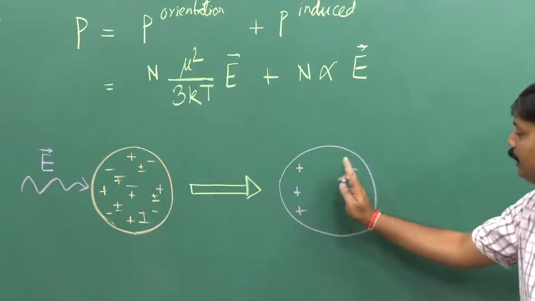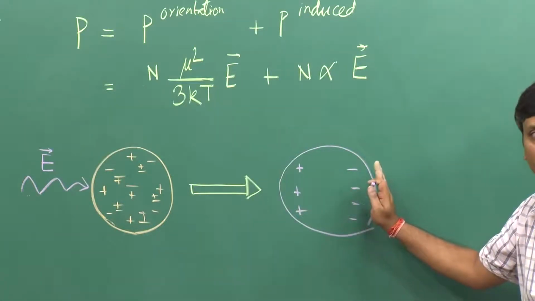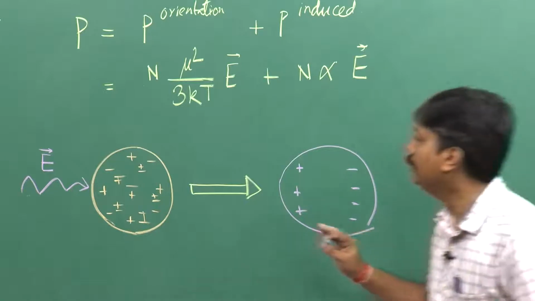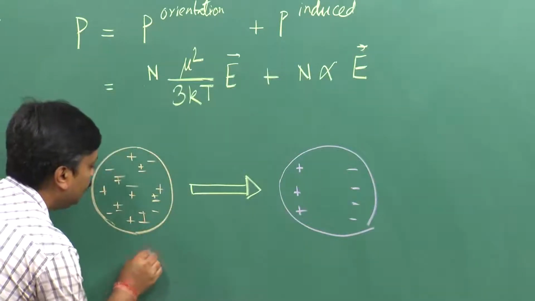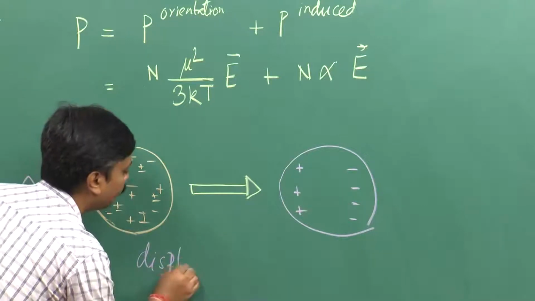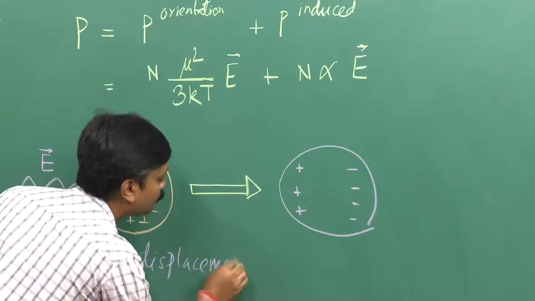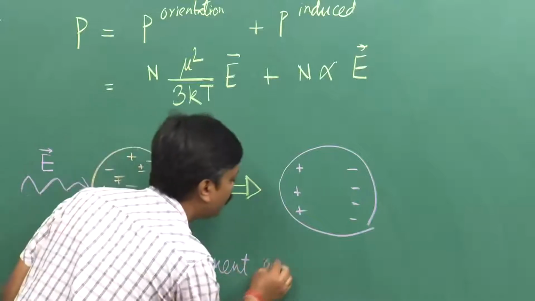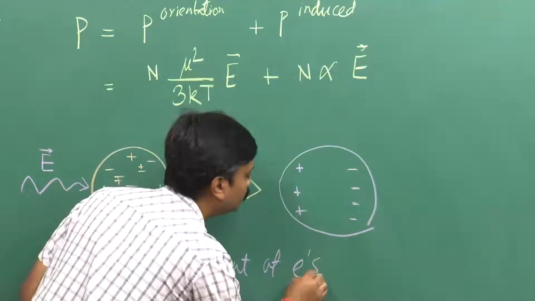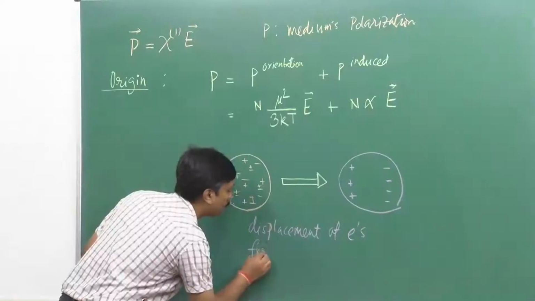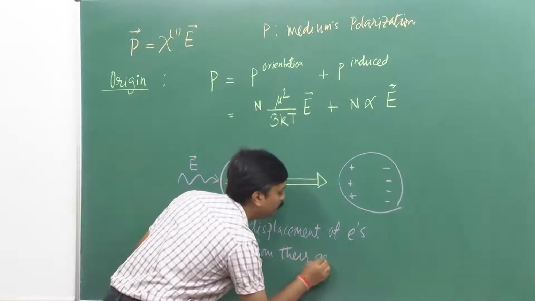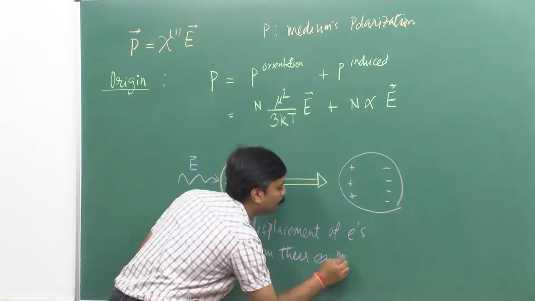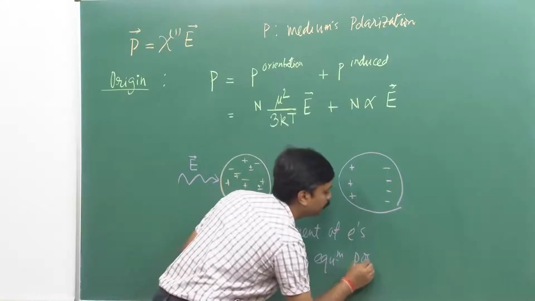Now here everything is moving in this direction, all the electrons. So this is essentially nothing but the displacement of electrons from their equilibrium positions.